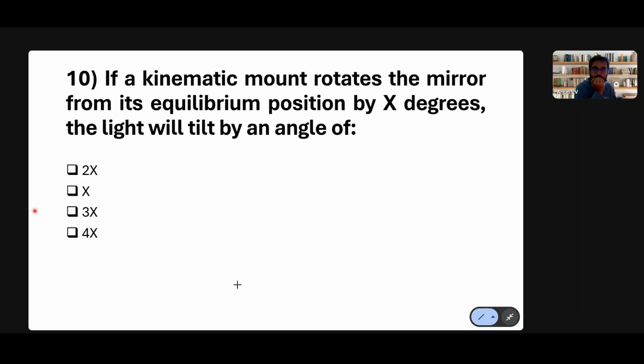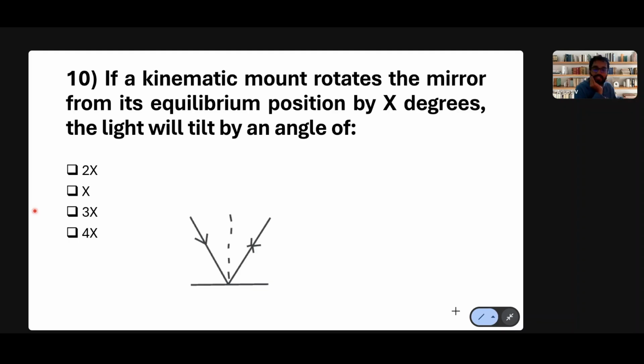So let this be a mirror, and let this be a normal to the surface, and this can be your incident ray, and this can be a reflected ray.